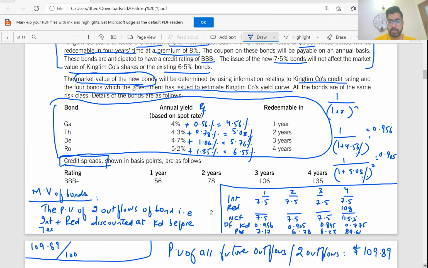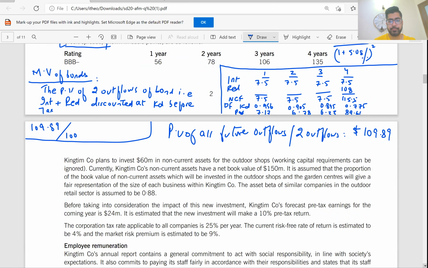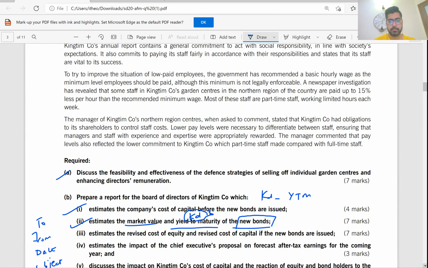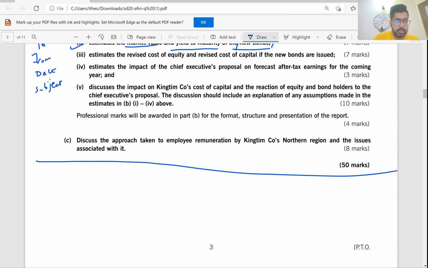Okay, now after you get the market value of bonds, you're also asked to find yield to maturity, that is KD. Now, when the question is asking you to find yield to maturity or KD, you all might have studied in your papers that to find KD, cost of debt, you have to see whether the bond is redeemable, irredeemable, or convertible.